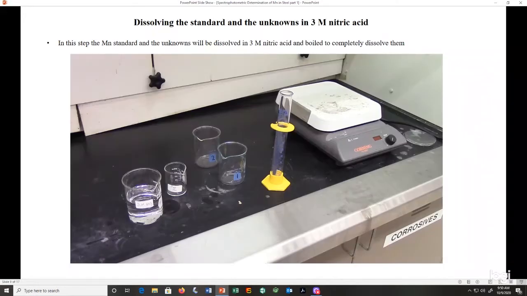So now we're going to be dissolving the standard and the unknowns in 3 molar nitric acid. In this step, the manganese standard and the unknowns will be dissolved in 3 molar nitric acid and boiled to completely dissolve them.